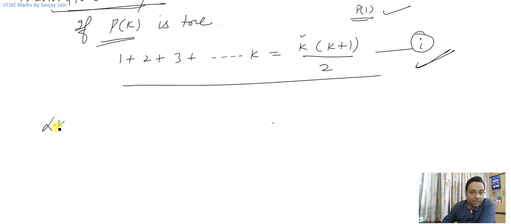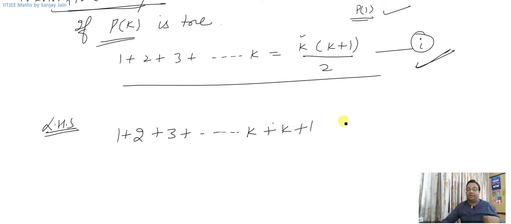So what will be my left hand side? For P of k plus 1, it will be equal to 1 plus 2 plus 3 plus up to k plus 1, right? If I am able to prove that it is equal to something in this pattern, or for example I replaced k with k plus 1, let us first of all see where we reach, right?